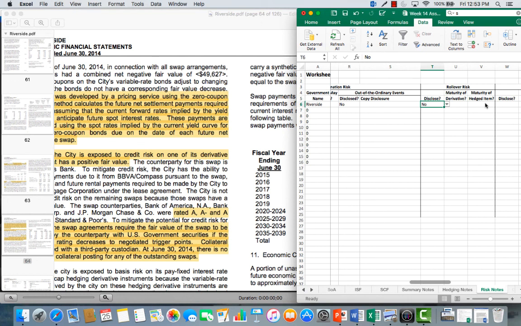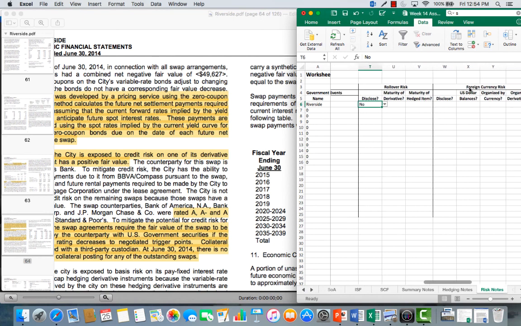And that's the nature of rollover risk, that the hedged item lasts longer than the derivative, and so after the derivative ends, you no longer have the protection of the hedge. And if there's some reason to believe that they can't just enter into another derivative to continue hedging against that item, that's what rollover risk is considered to be.